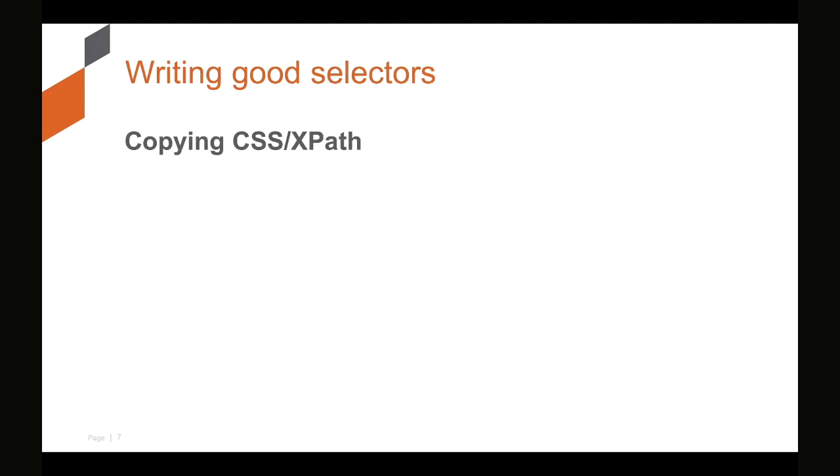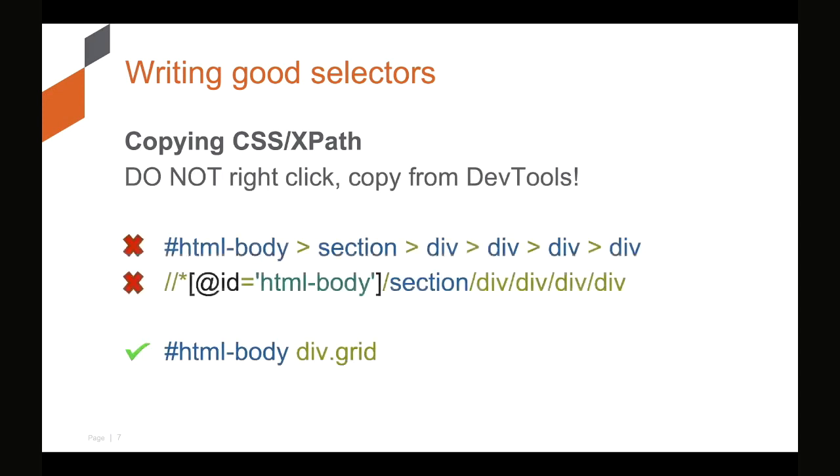So, writing good selectors. We look at some good and bad examples and some pitfalls that we can avoid while building selectors. The first one is copying CSS and XPaths. Dev tools offer you the flexibility of generating CSS and XPath using a right click. Most often you would end up with selectors that look like the first two.